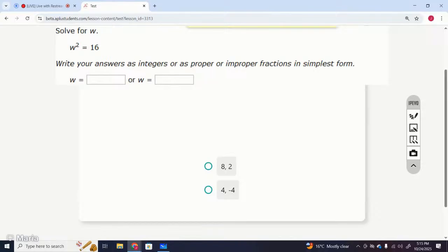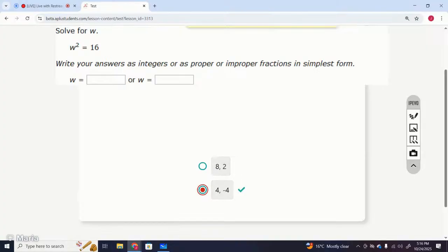W square equals 16. That is 4 and negative 4.